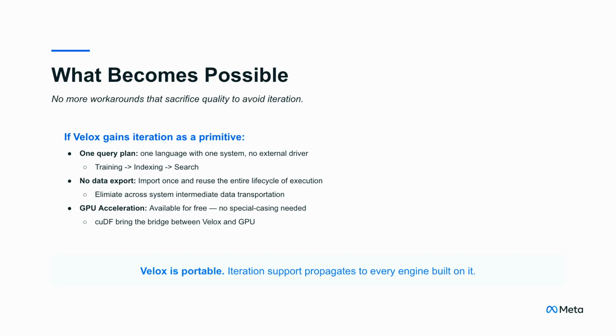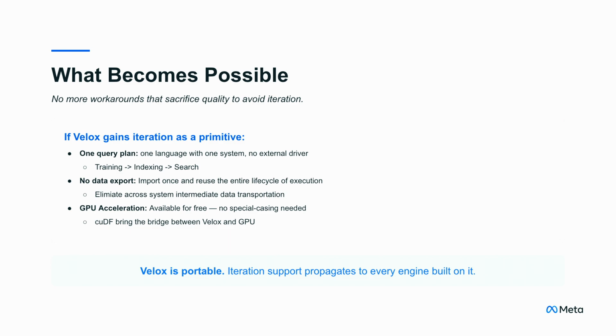And no data exposure: import once and reuse across the entire life cycle of the execution, which eliminates intermediate data storage and transportation. Hardware acceleration is a byproduct. Like cuDF and community contributions bridge the gaps between Velox and the GPU, where the majority of the AI workload happens today.